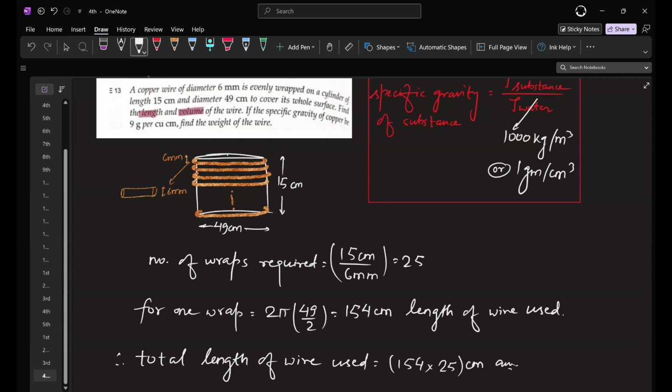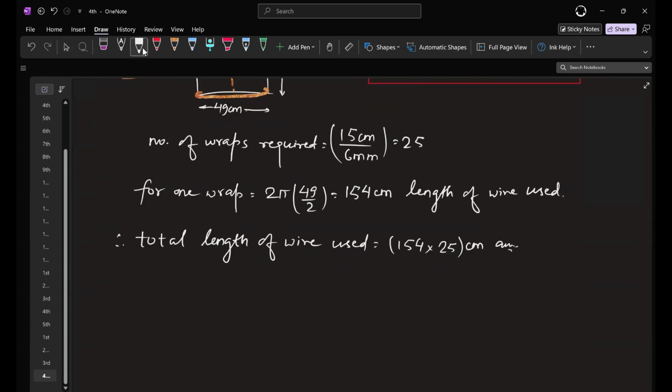This is the answer for the length of wire used. Now, if we draw the wire straight, the length that has been used is 154 into 25 centimeters, right?